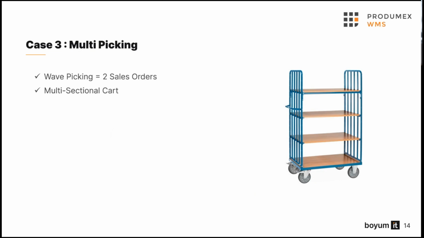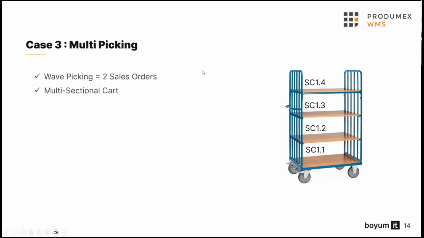I'm going to use a multi-sectional cart. This is what a multi-sectional cart can look like; there can be different ways to have it, but that's one example. Every level of that cart will have a specific name, so it will be a specific location in my WMS.